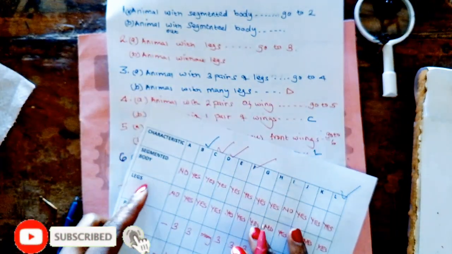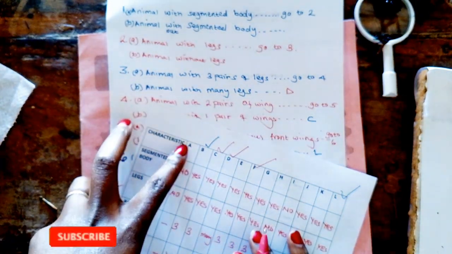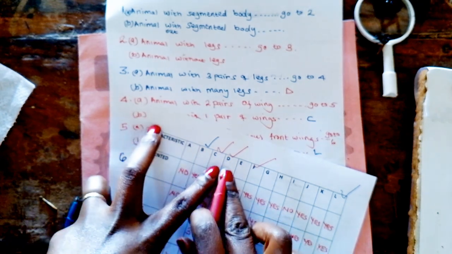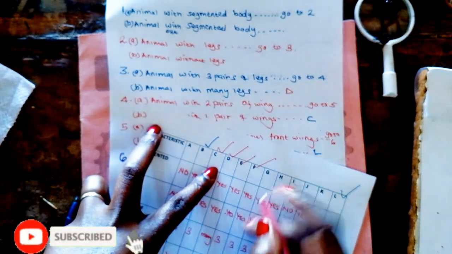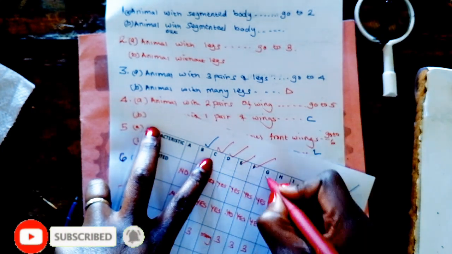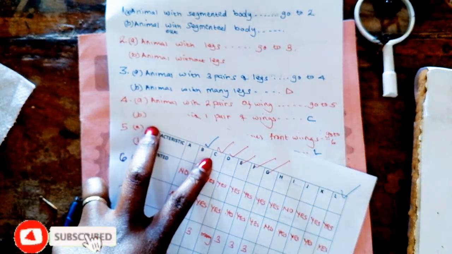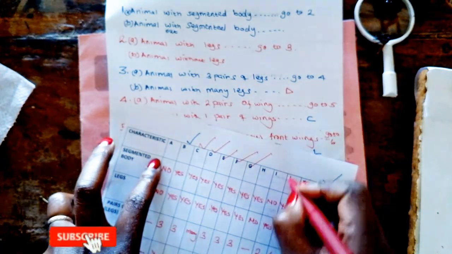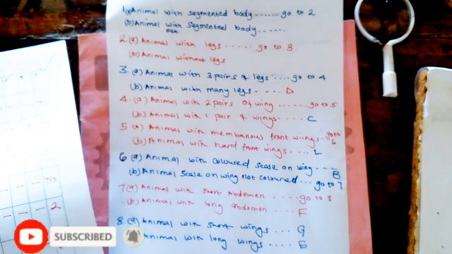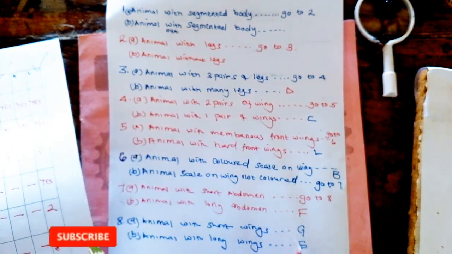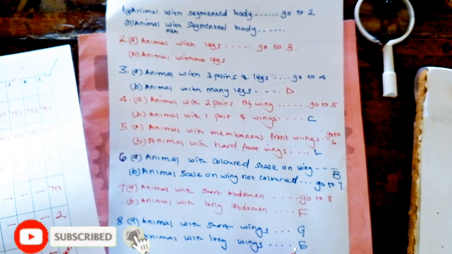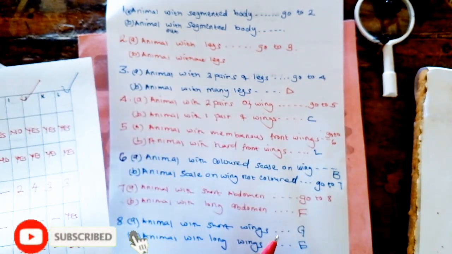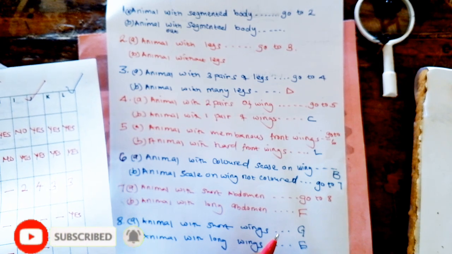We have identified B, C, D, E, F, G. We identified also J. You remember? Yes. J is also identified somewhere as 8. No. So we hold on that. Animal without legs, animal with many legs.